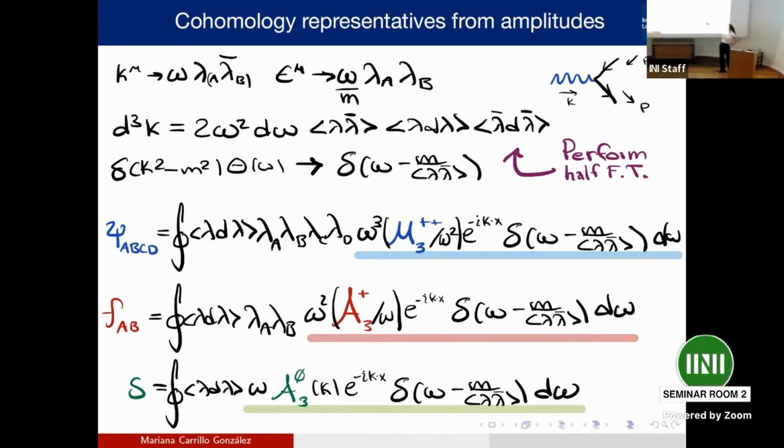But now, instead of integrating over the whole momenta and doing your whole Fourier transform, you can only integrate over, for example, your lambda bars, which is called performing a half Fourier transform. If you do that, and here I'm already showing the expressions where I integrated over lambda bar, you will get an expression that looks the following way, where there's some 3-point amplitudes, some factors over your energy, and still to do the integral over the energy.